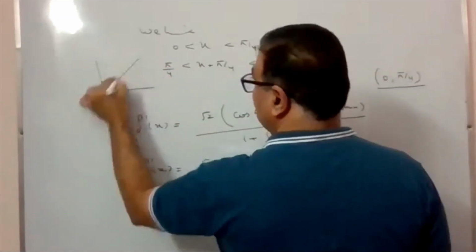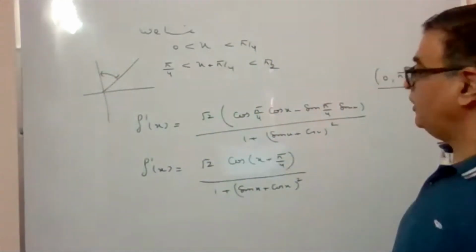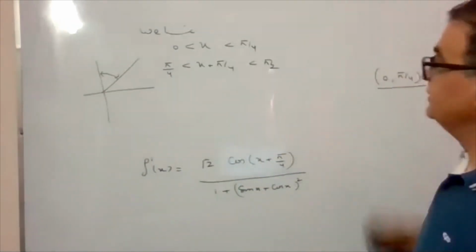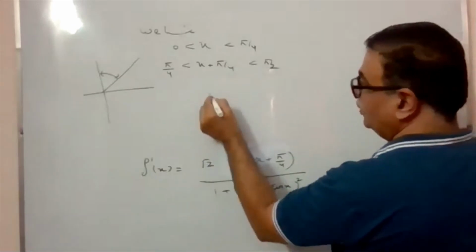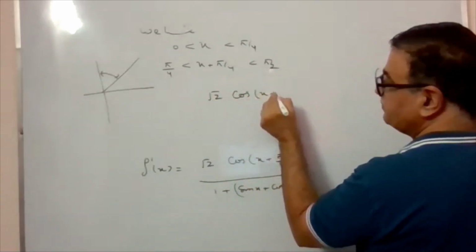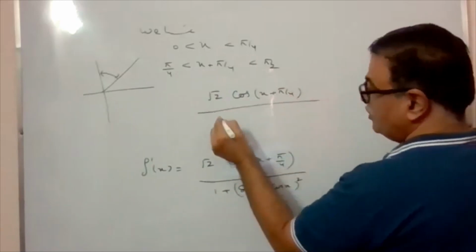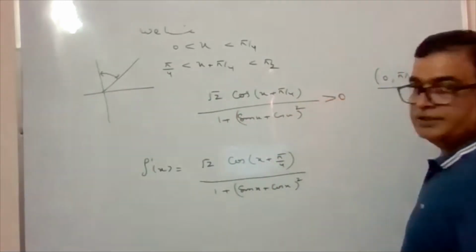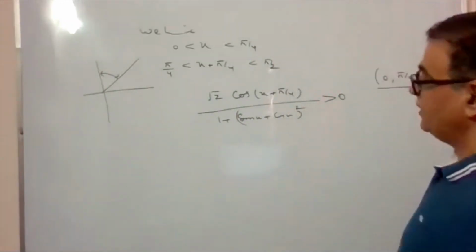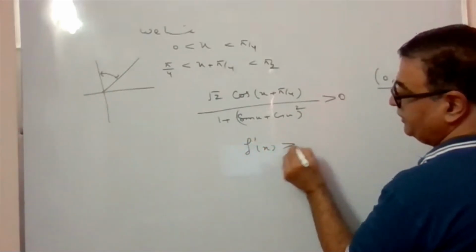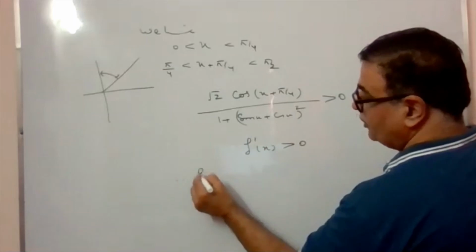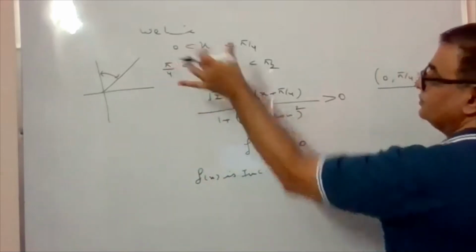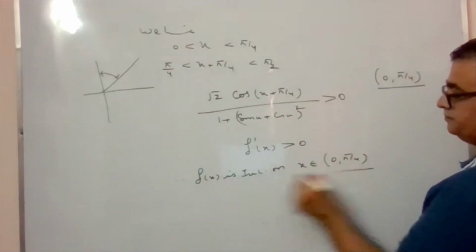Pi by 4 to pi by 2 means the first quadrant, where cos is clearly positive. So in this case, root 2 cos (x plus pi by 4) by (1 plus sin x plus cos x) whole square comes out to be a positive number. And when it comes out positive, f dash x is greater than 0. Therefore, fx is increasing on x belongs to 0 to pi by 4. That is the answer.